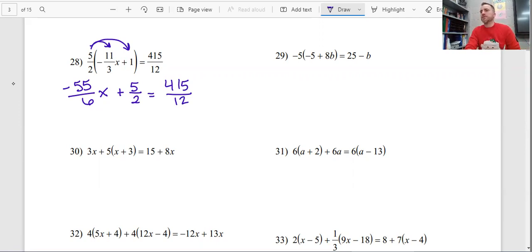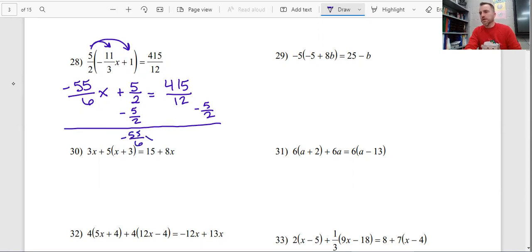We want to solve this the same way, just like if it was -2x plus 4 equals 10, then we would subtract the 4 from both sides. We're going to do the same thing here. We're going to subtract the 5/2. We don't treat it any differently as a number just because it's a fraction. That just means it's not a whole number, it's not an integer. We get -55/6x.